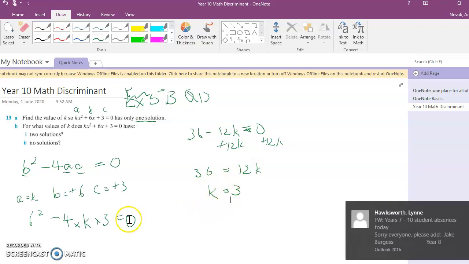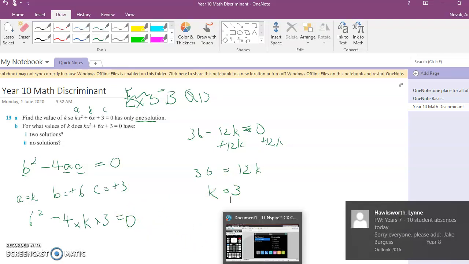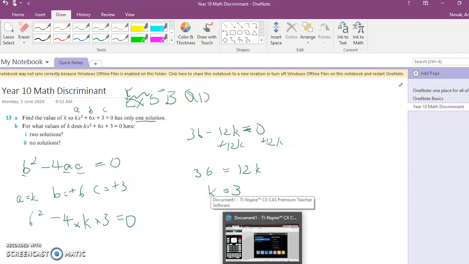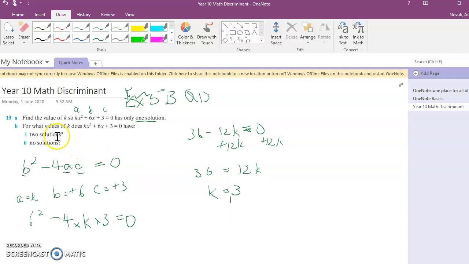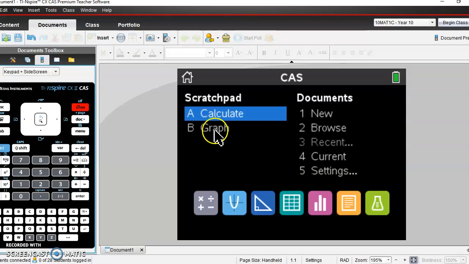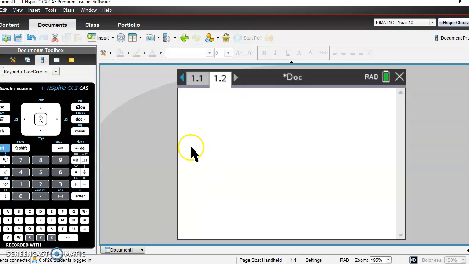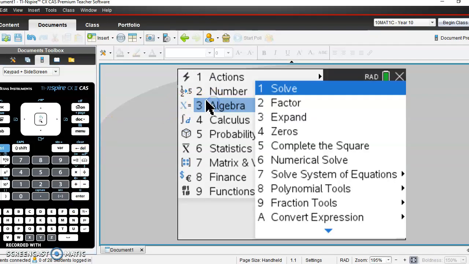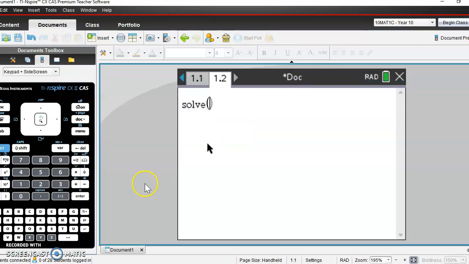The interesting thing is that we most probably should recognize that we can use our calculator. So let's do our calculator for that task, so that way I can solve for 2 solutions and no solutions. So quickly going to our calculator, I'm basically solving an equation. So just simply Menu 3, 1 to solve.